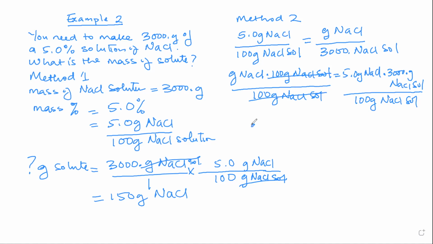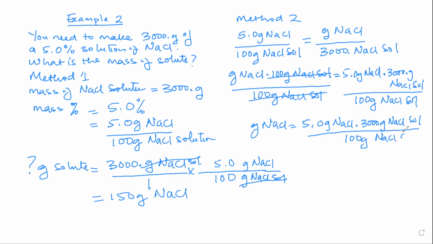Now, we will have grams of sodium chloride, to make it neater, equal to 5.0 grams sodium chloride times 3,000 grams sodium chloride solution, all over 100 grams sodium chloride solution. Then grams of sodium chloride solution cross out. We have the same answer. This is method 1, this is method 2.